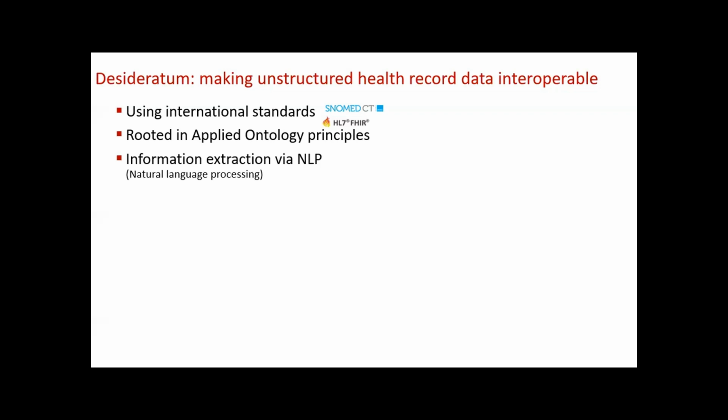And the new thing, what I'm arguing for in this talk, is that this effort of making unstructured health record data interoperable be rooted in applied ontology principles. We have international standards like SNOMED CT and HL7 FHIR.